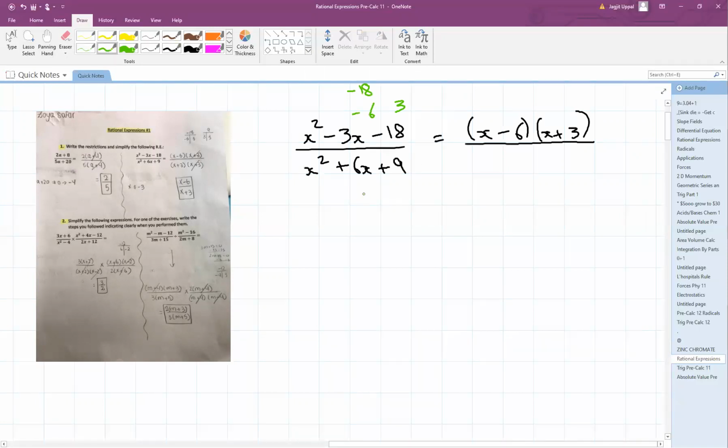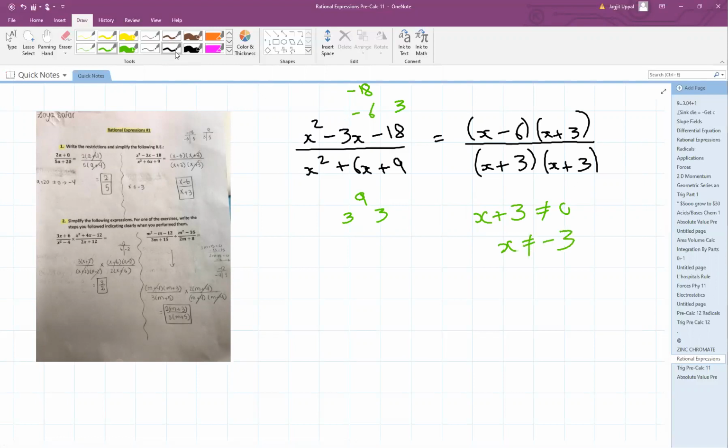Then the bottom is 9, so the two factors are going to be (x plus 3)(x plus 3). For the non-permissibles, you will take your denominator, and the factors are the same, so there's one non-permissible value.